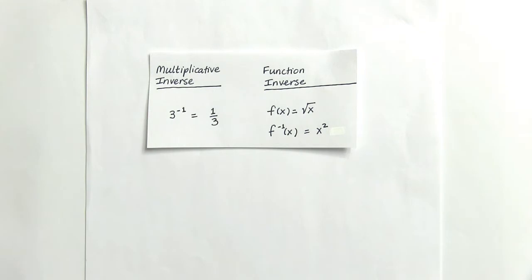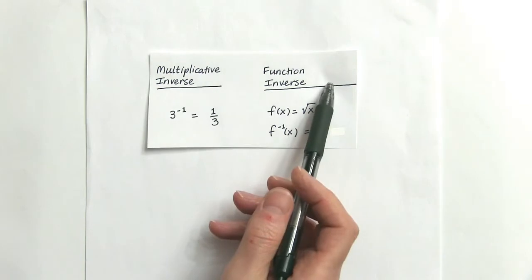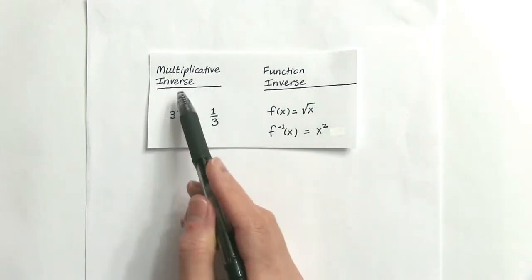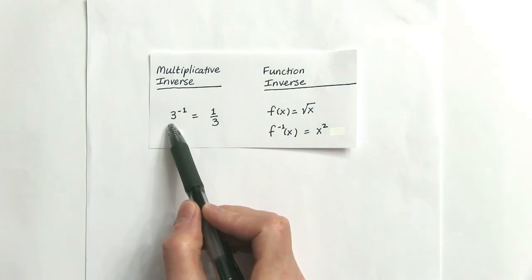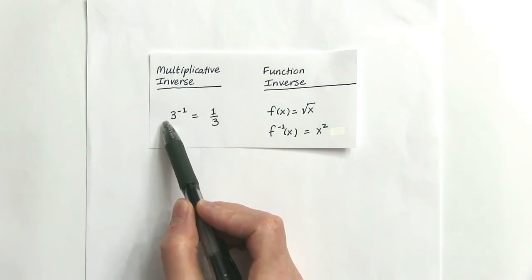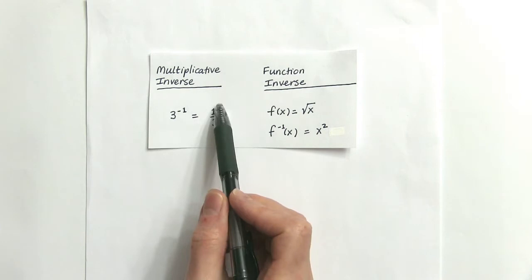One final remark about inverse functions. Let's be clear about the following distinction, because there are two different kinds of inverse which often get confused: the multiplicative inverse and function inverse. The multiplicative inverse is when I take the inverse of a number. For example, the inverse of 3 is 1 over 3.